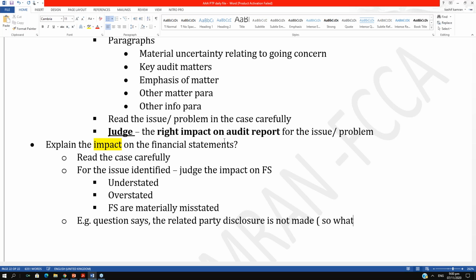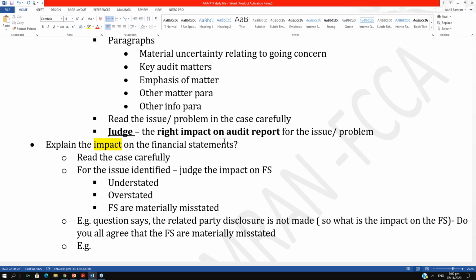So what is the impact on the financial statement? Do you all agree that the financial statements are materially misstated because disclosure is not made? Agree, disagree? Okay, that's good.